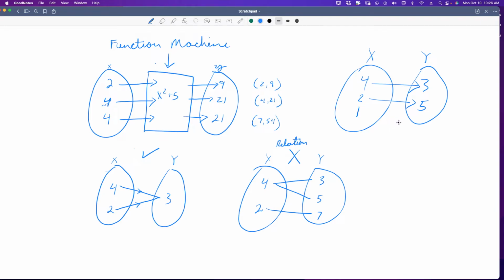It's not a function and it's not a relation, because in order for it to be a relation, all the numbers have to be related to another. They have to have a pairing up. There has to be a group of points. In order for there to be a group of points, then you have to have an x and a y, not an x by itself, not a y by itself.